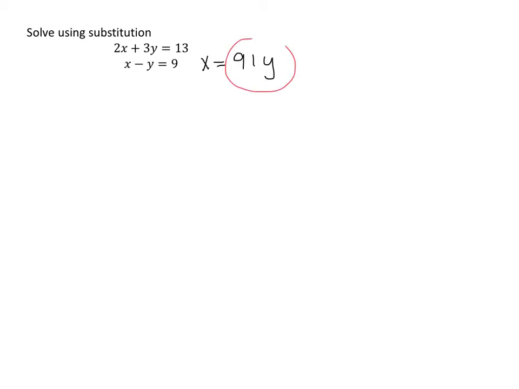I will then substitute 9 plus y in place of x. So I get 2 times 9 plus y plus 3y is equal to 13.